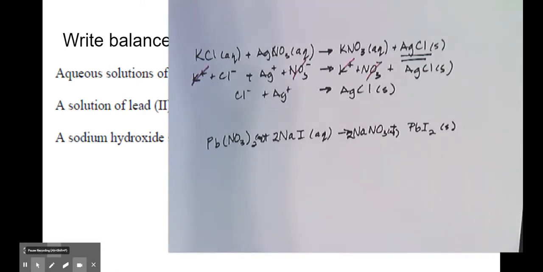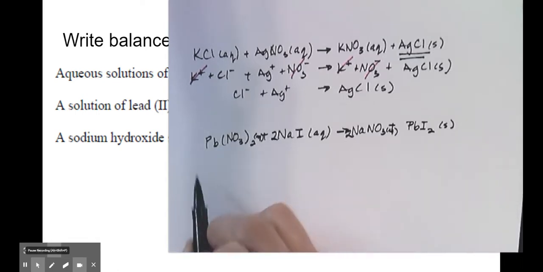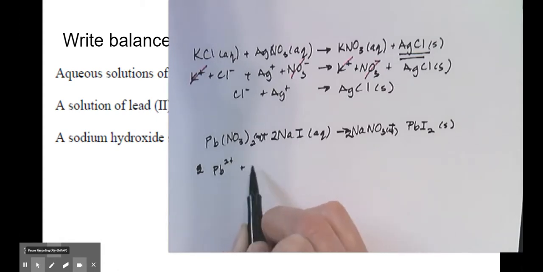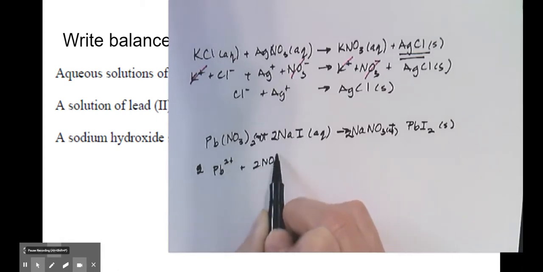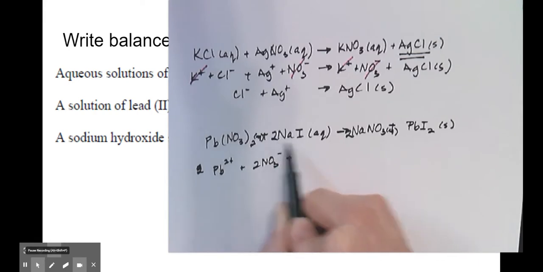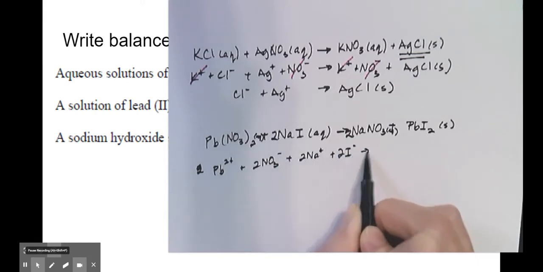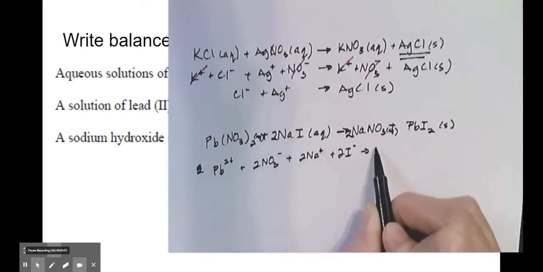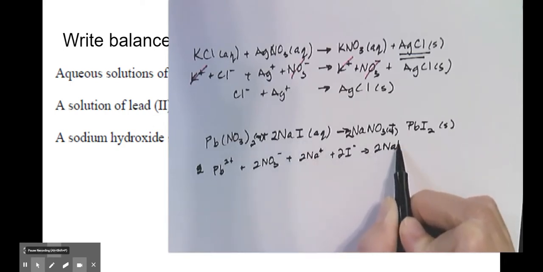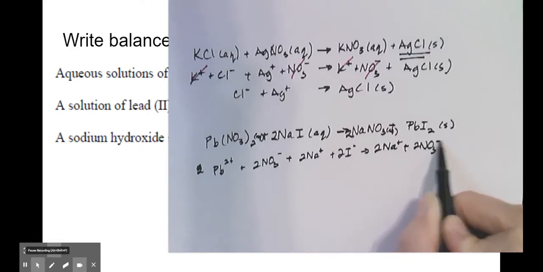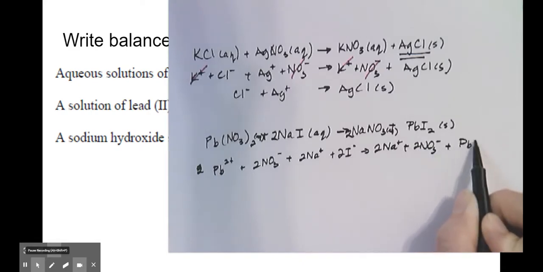Okay, next step will be to break everything up into ions. So we have lead 2+, we have 2 nitrates, because there's a 2 there, we have 2 sodium ions, we have 2 iodide ions, we have 2 sodium ions, because there's a 2 in front, we have 2 nitrate ions, and then we have lead iodide.